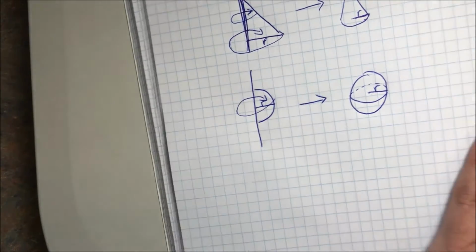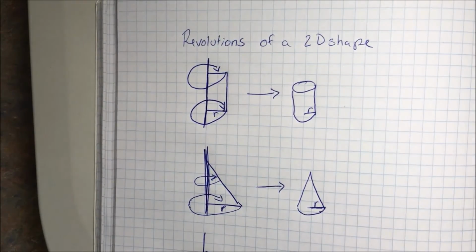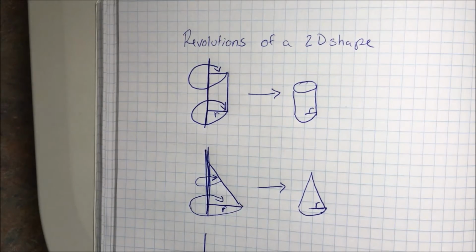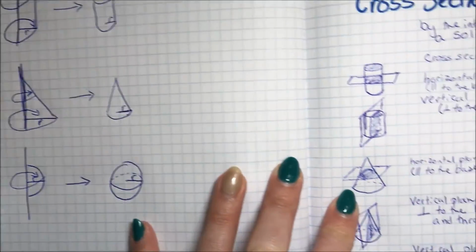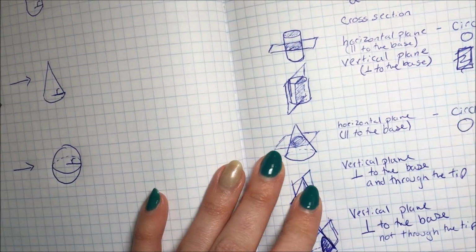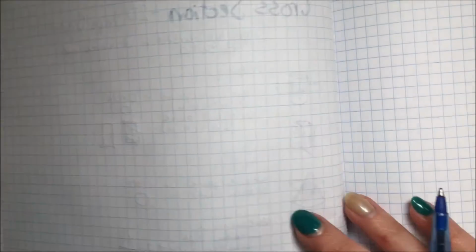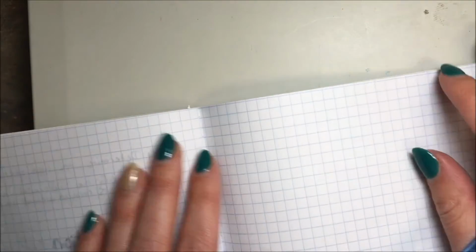Okay. So that's revolutions and cross sections. So revolution is just spinning a two-dimensional shape around an axis to make a 3D shape. Okay? And a cross section is taking a slice of a 3D shape and making a 2D shape. Okay? This is a kind of a double note stay.